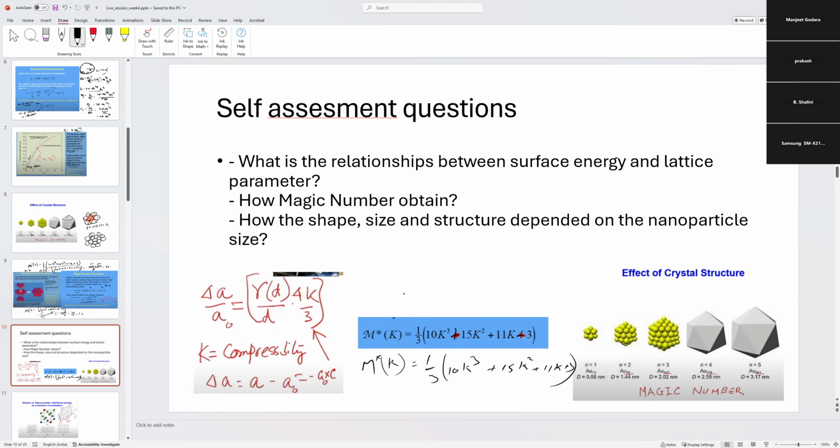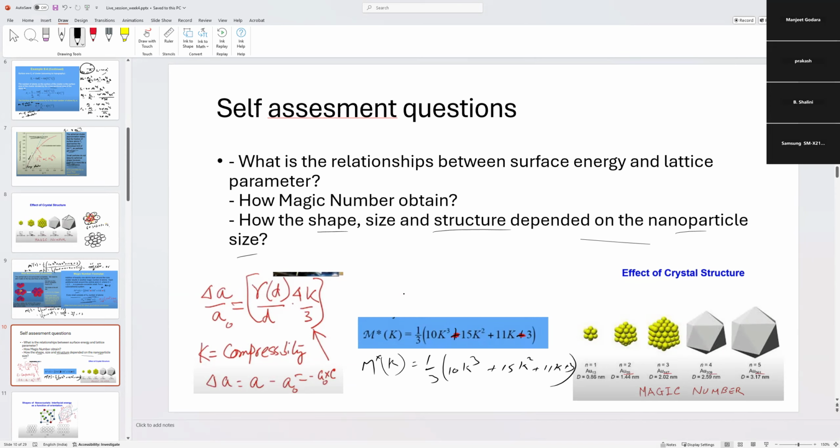How do the size and the shape of the cluster structure depend on the nanoparticle size? The size obviously will increase as the number of atoms increases.